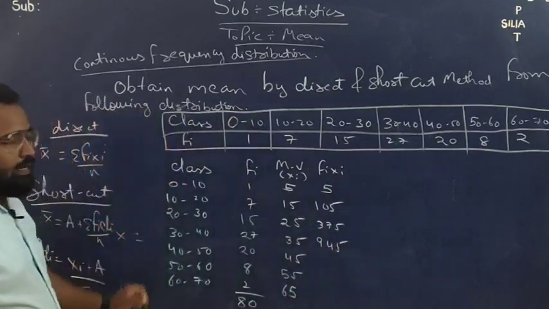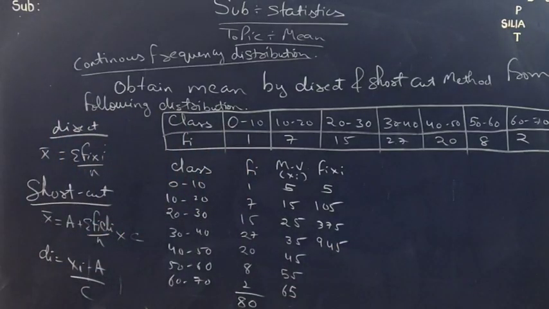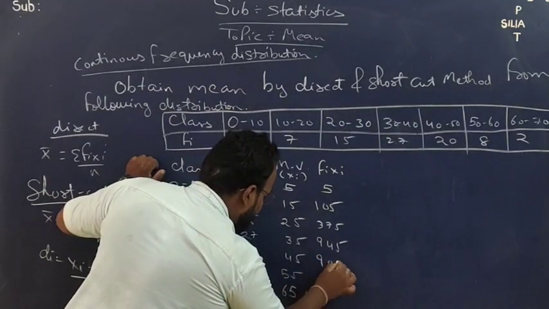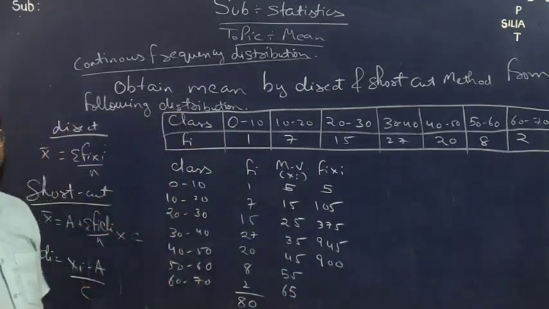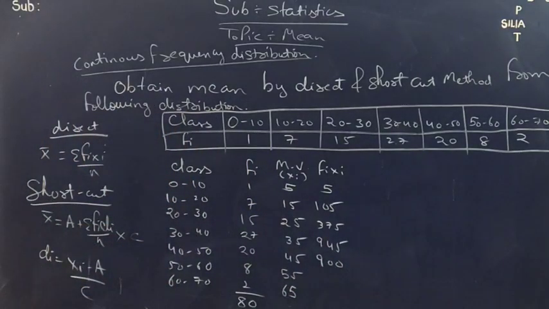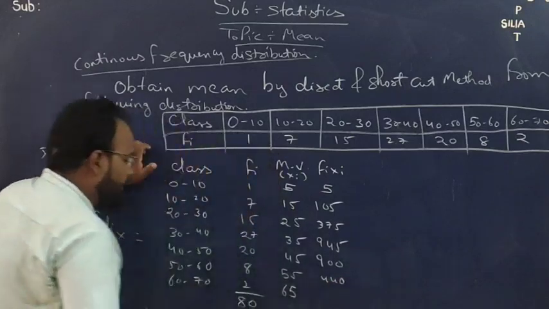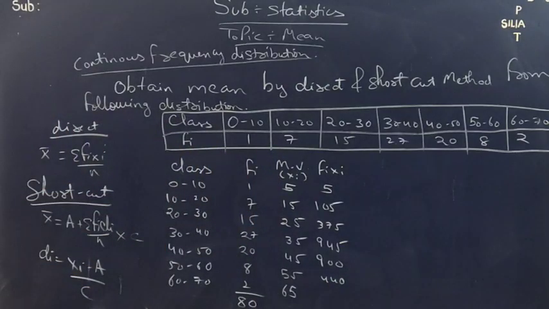Then 45 into 20, that is 900. After that 8 into 55, that is 440. And the last, 65 multiplied by 2, that is 130.